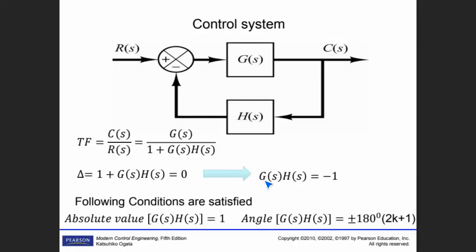If that is equal to 0, then GSHS should be -1. Who is going to interpret that? GSHS should be -1 means that the amplitude of GSHS is 1 and the angle of this one is 180 degrees.